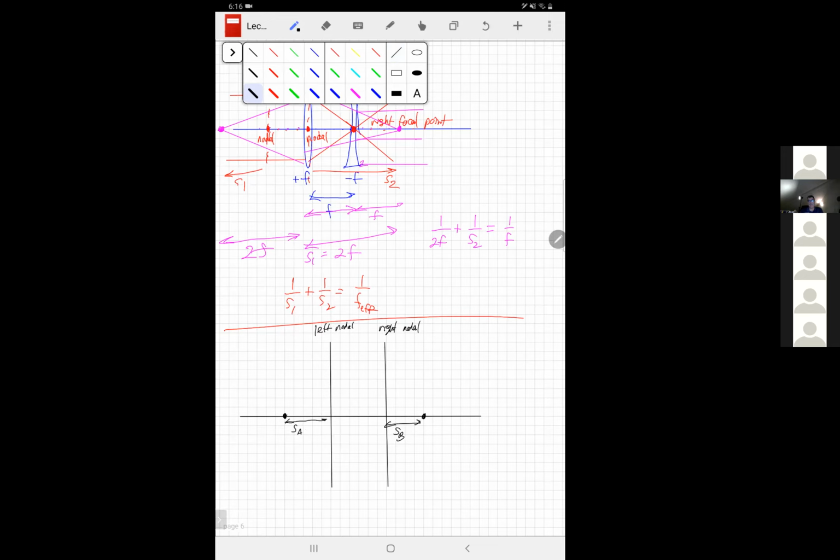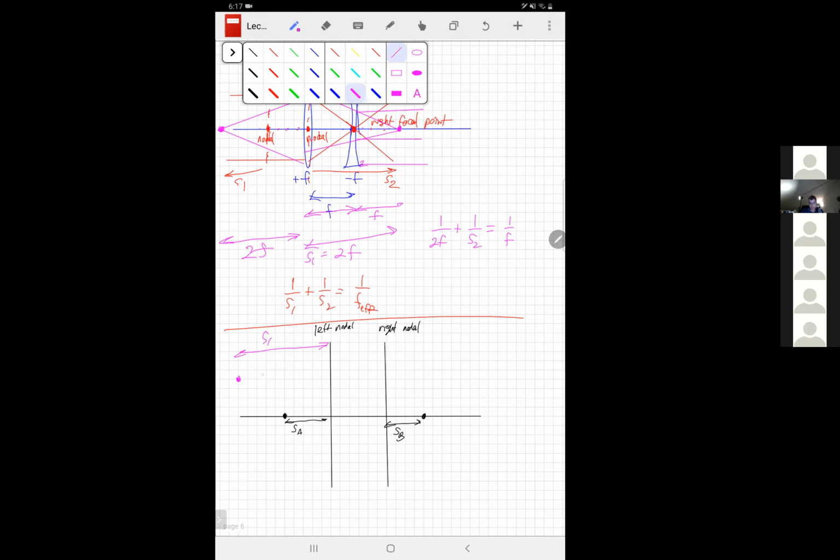We designed a whole bunch of Cartesian ovals to work for these. Then we've got some off-axis object point at a distance S1 from the nodal plane, and we're going to try to figure out where it forms an image.